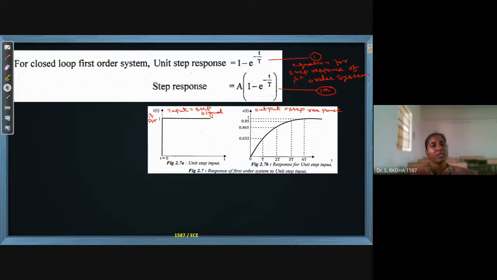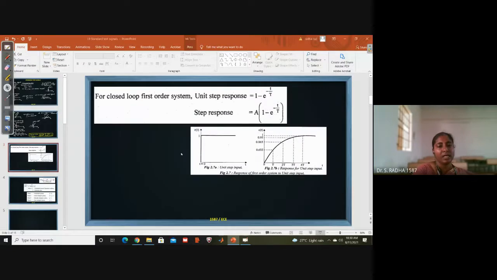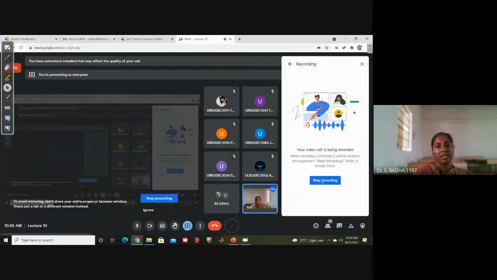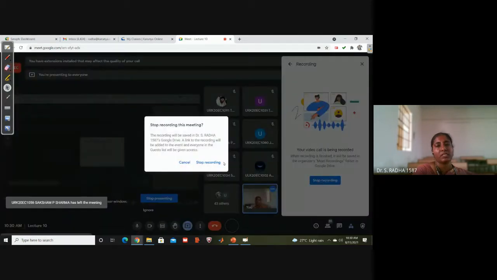Generally this capital A is not required; I explained it just for general explanation. Otherwise the A value will be 1, and that is the step response.